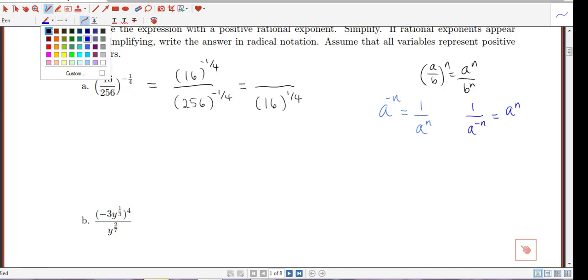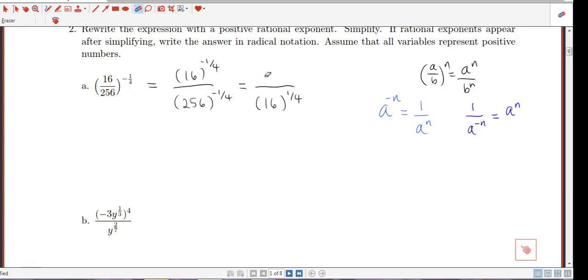So with that said, 256 is going to go on the top with the positive exponent of 1/4. You're not done yet. Let's rewrite. This is the same thing as what? The 4th root of 256 over the 4th root of 16.